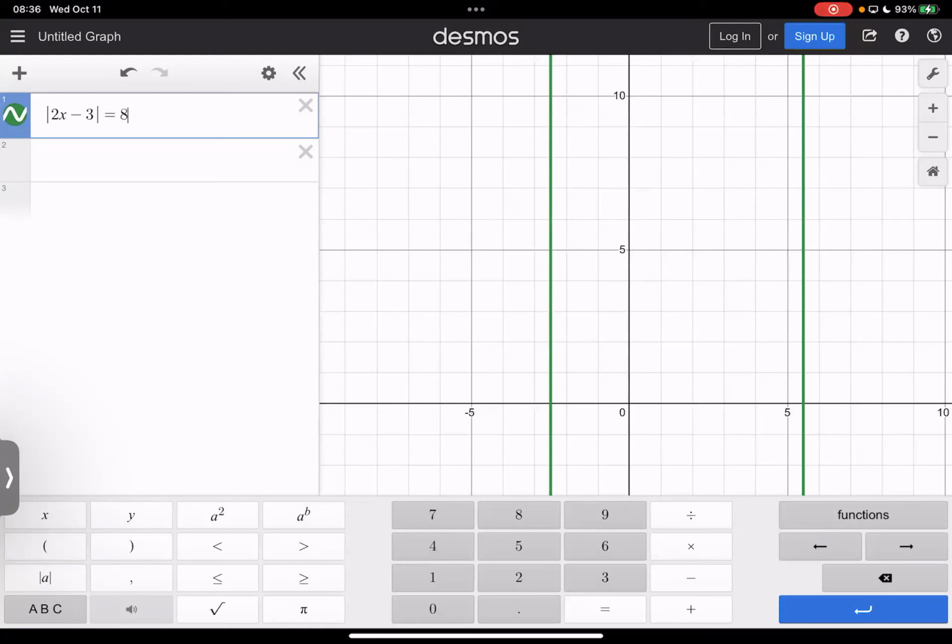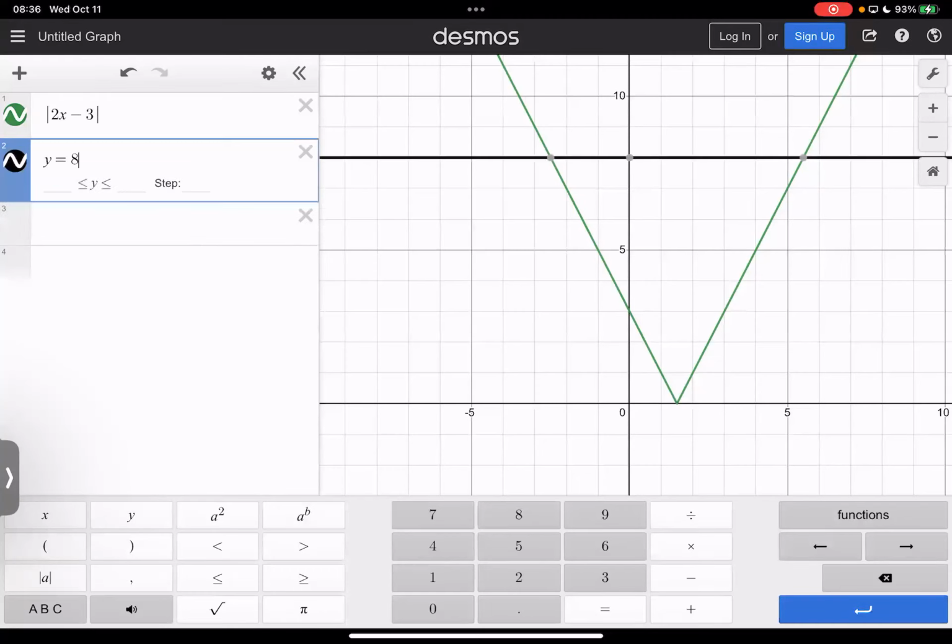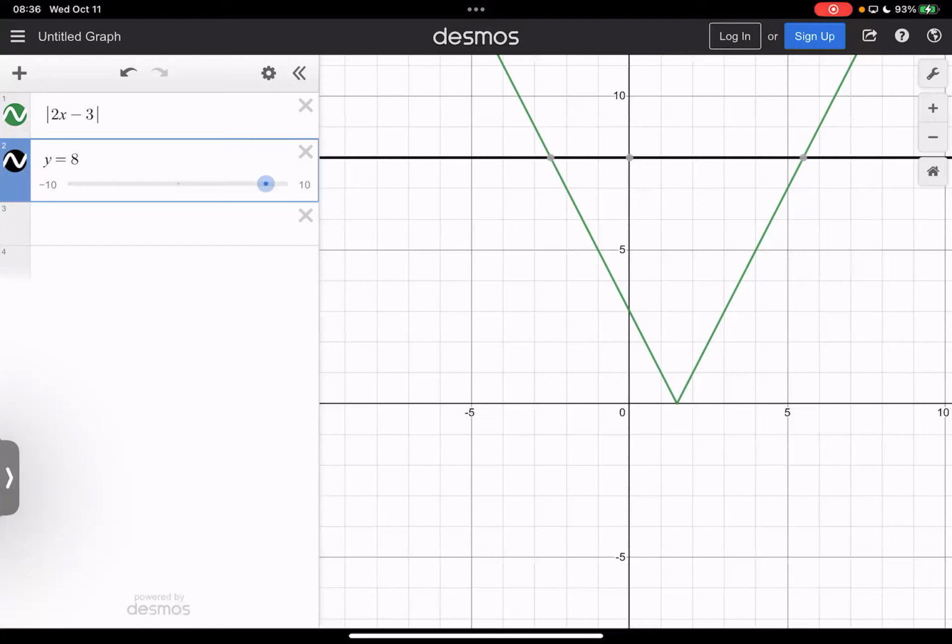No, I don't want that. It does give the answers, but not in the way that I like. And so here, I'm just going to put y is equal to 8. Because what we're solving for is where this absolute value function returns 8, right?